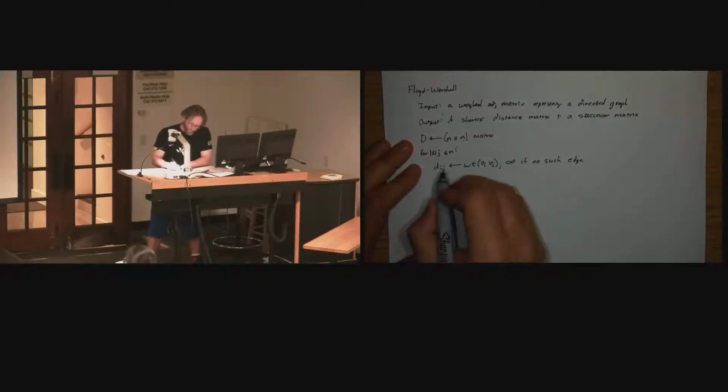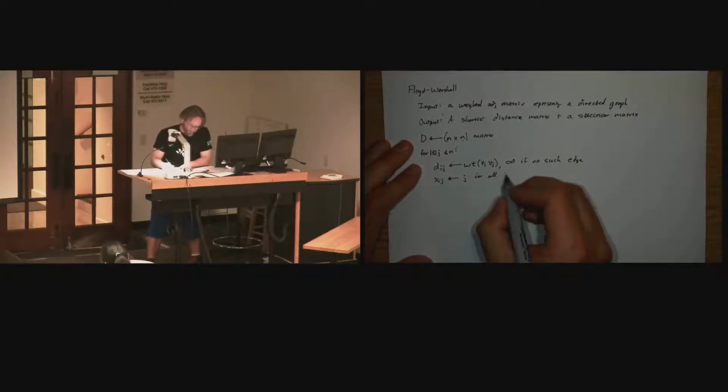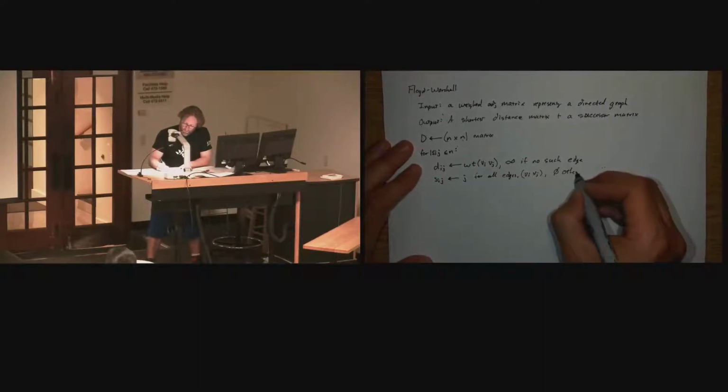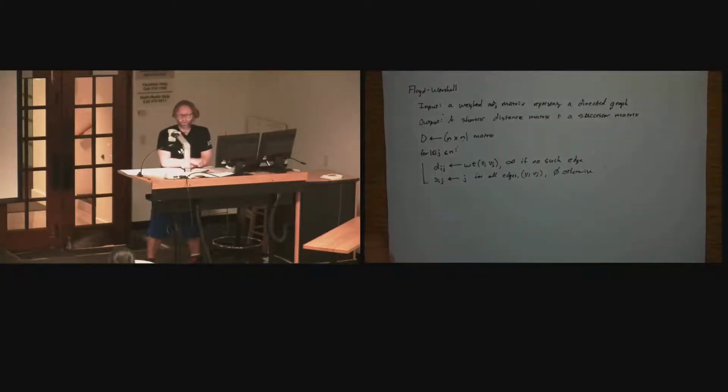And then I will set a successor matrix, S of ij, to be j for all edges v sub i, v sub j, and phi otherwise. All right, that's my placeholder for that's not an edge. Okay, there is no successor.